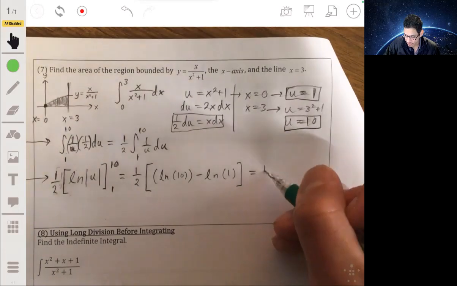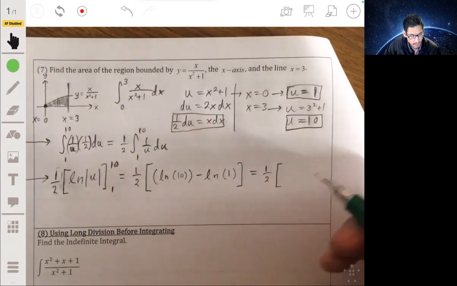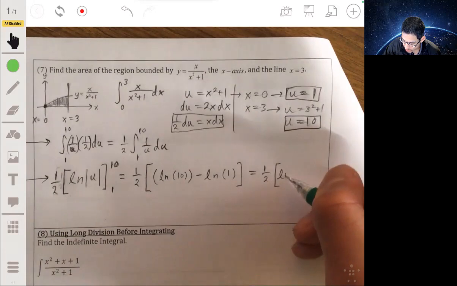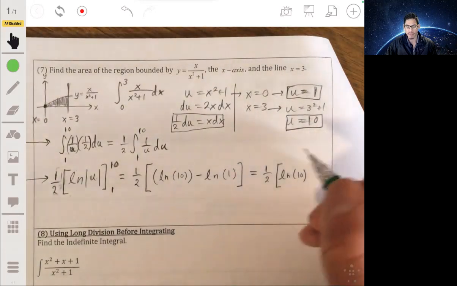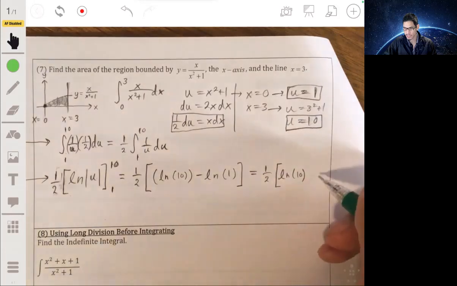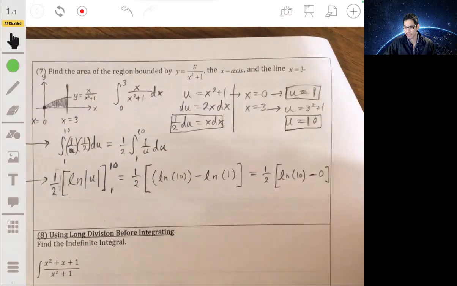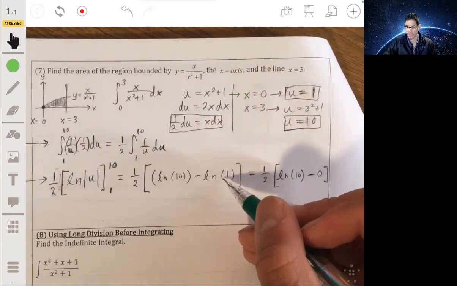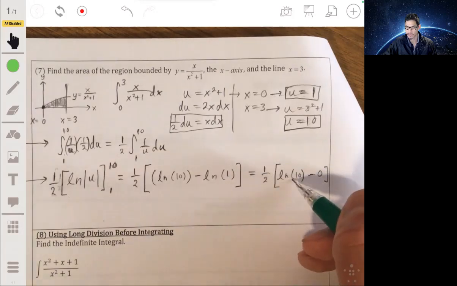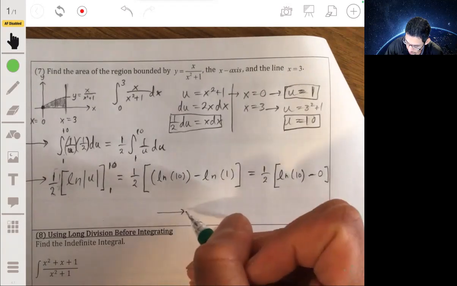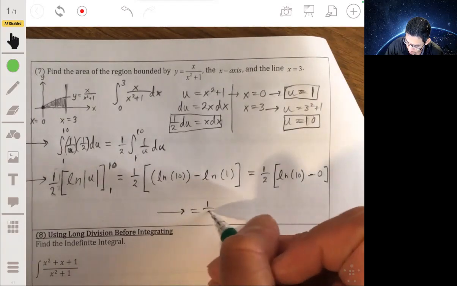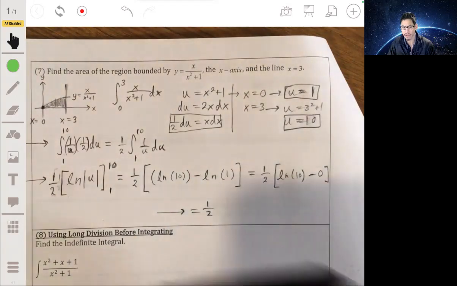Now we've got 1/2 times the natural log of 10. I don't expect you to know that off the top of your head, but you should know that the natural log of 1 is 0, because e to the 0 power is 1. So this will just be the natural log of 10 minus 0, times 1/2. And we can just evaluate that with our calculator.